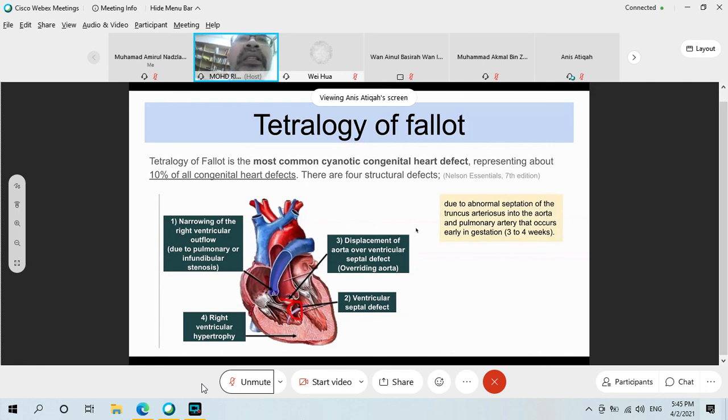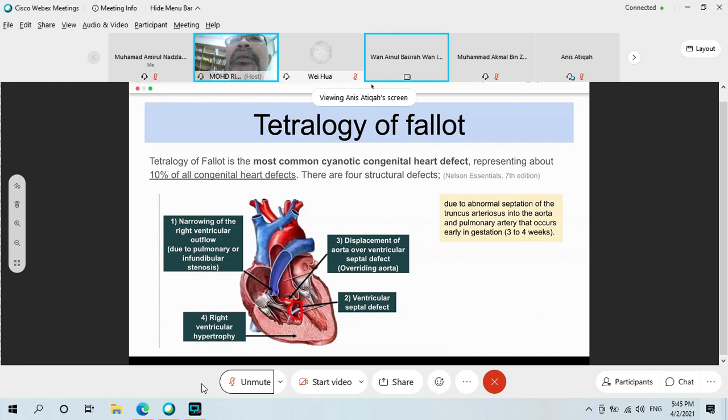So what is the murmur of TOF? Who presented TOF just now? Anis, right? Ejection systolic murmur. So the murmur of TOF is the pulmonary stenosis murmur, an ejection systolic murmur. It's not because of VSD.